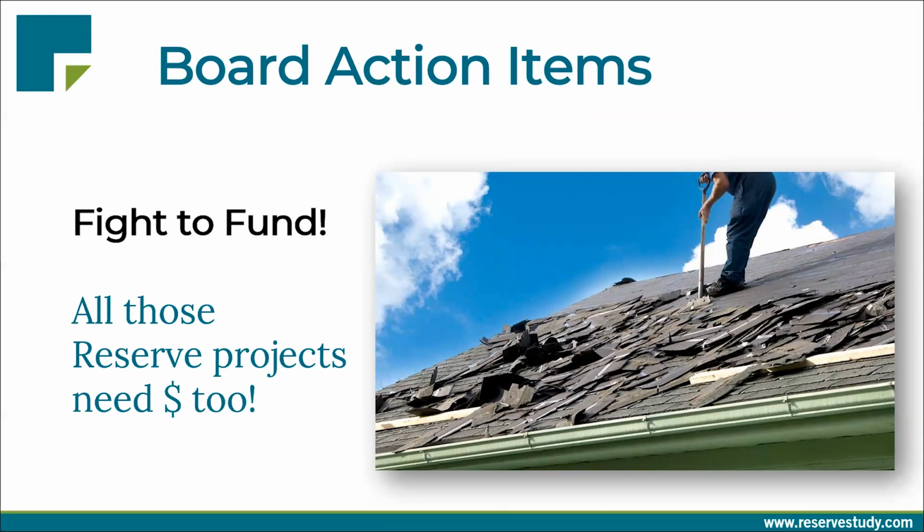So don't shoot yourself in the foot and use all your roof money or whatever reserve money paying for insurance. All your reserve projects need dollars also. So fight to maintain your reserve funding through the year. And maybe that means you need to raise your assessments mid-year. If that's the facts of the matter, that's what you need to face.